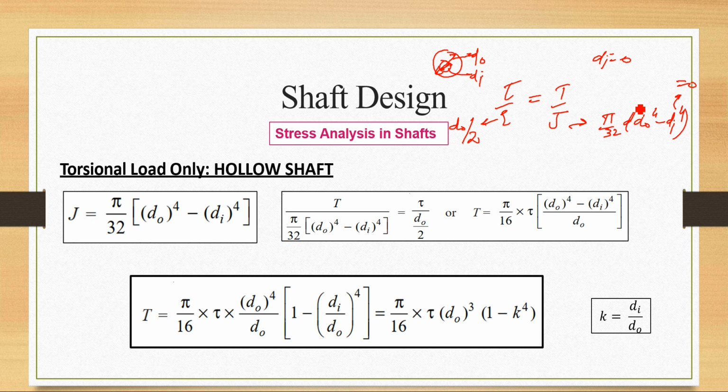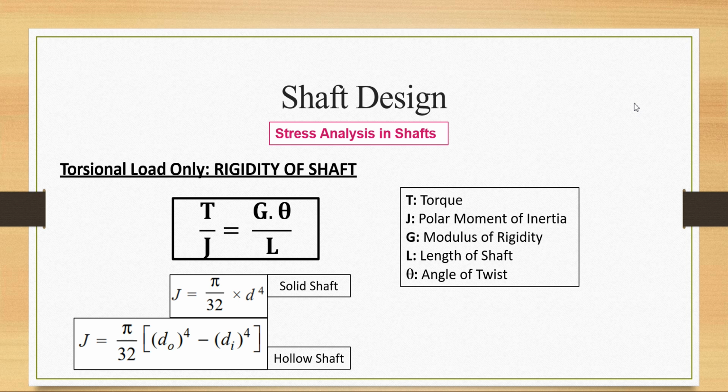So in case of a hollow shaft, the only difference in the relation is that R, the radius of the shaft, can be written as the outer diameter of the shaft divided by 2, and J is the polar moment of inertia of the section, which is the outer to the 4 minus the inner to the 4. And if you want to design the shaft based on rigidity, you have the formula T over J equals G theta by L. Rigidity means you have to use the modulus of rigidity or shear modulus, and based on that you can design the shaft.